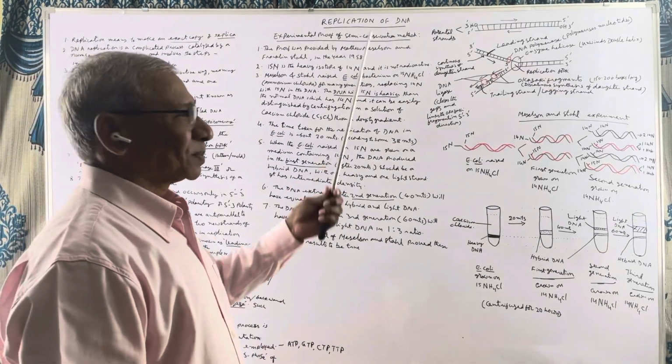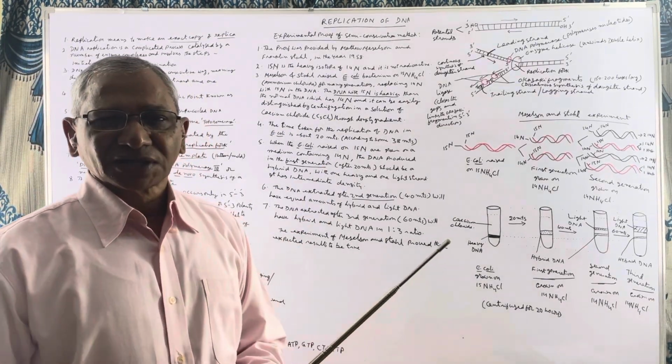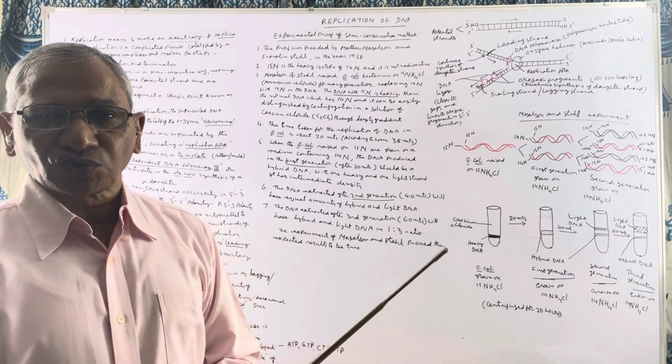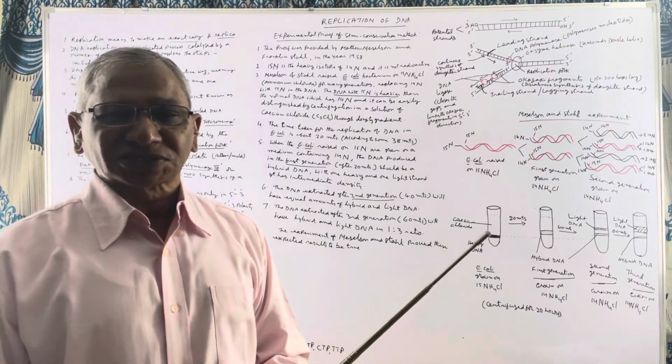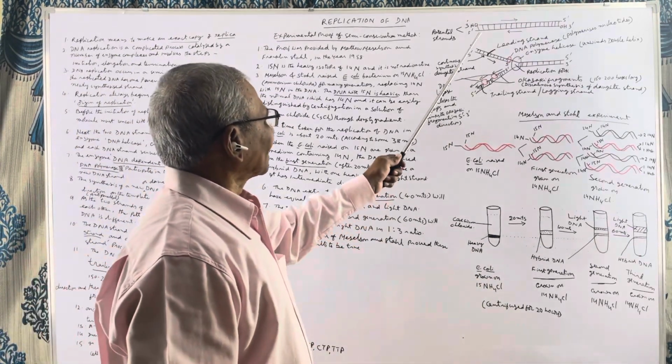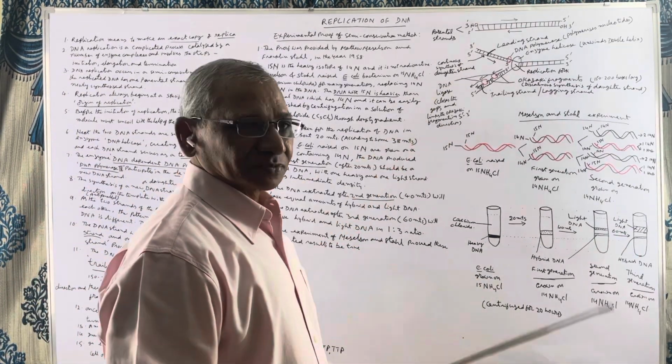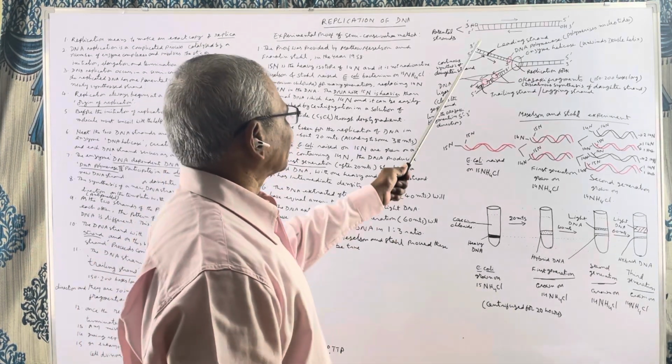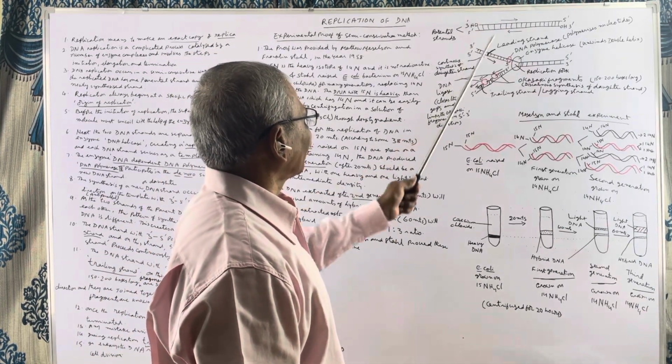DNA replication occurs in a semi-conservative way. That means, let us say this is the parental DNA. Parental DNA has two strands, this strand and this strand.